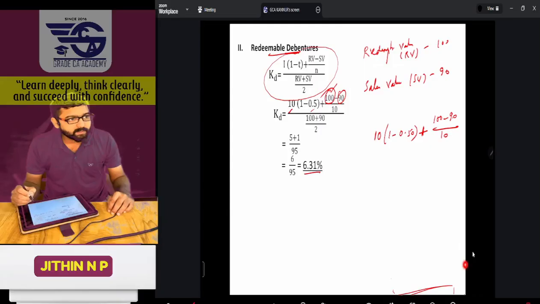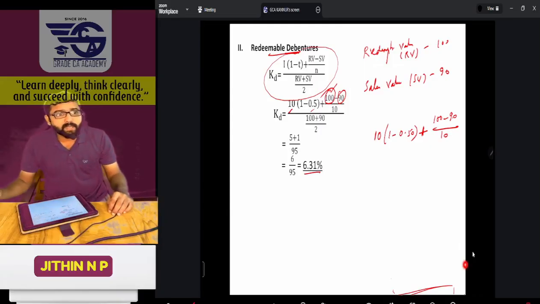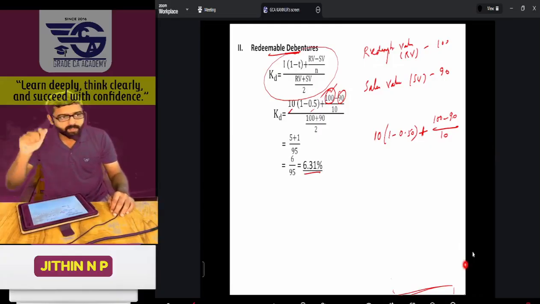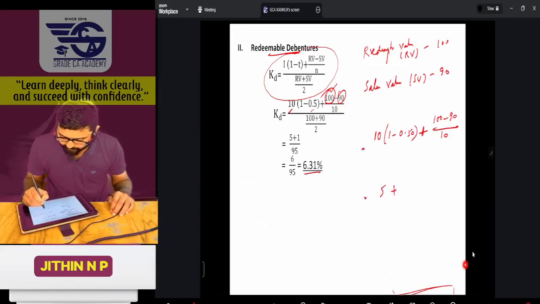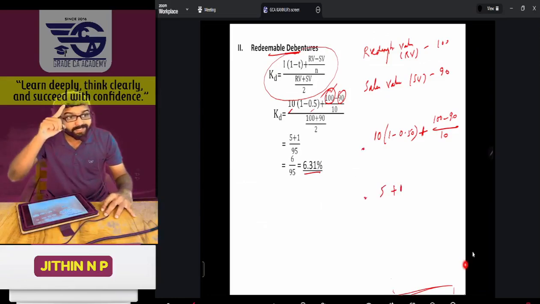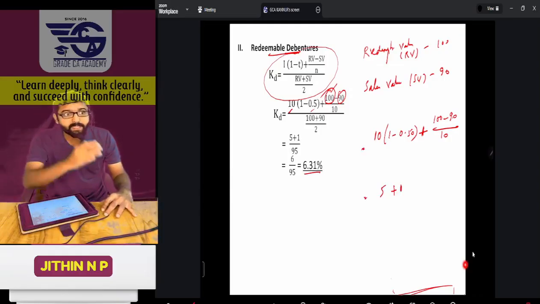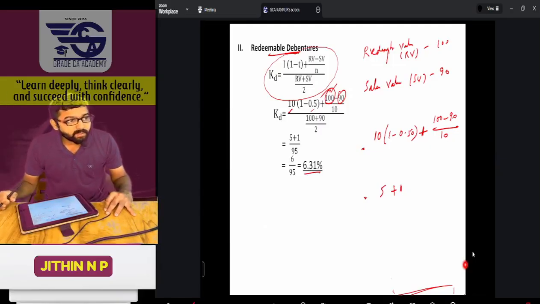So for 1 year, what amount has to be paid for this redemption value? 1 rupee. Yes, clear. That means 5 plus 1. For each year, the company's cost is 5 rupees interest plus 1 rupee as a proportion of redemption value. So 6 rupees the company is paying.